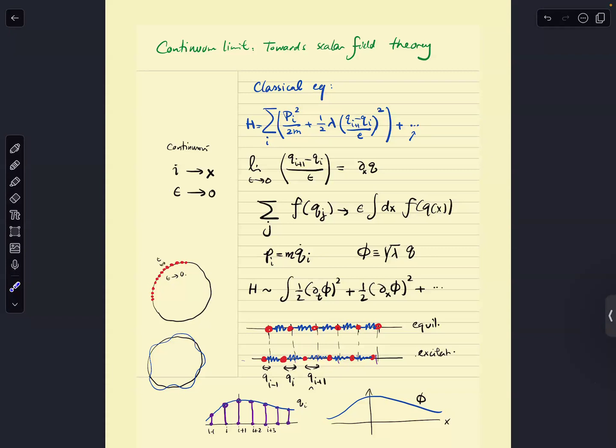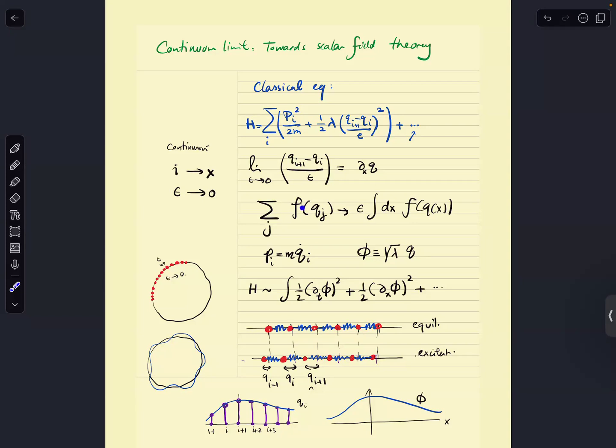All right, so how is this related to the continuum limit? Remember the classical equations of motion. i is the site index of Q, which we're going to replace by a continuous variable x, and we're going to take epsilon to 0. The limit of epsilon going to 0 of Q_{i+1} minus Q_i over epsilon becomes del_x of Q.